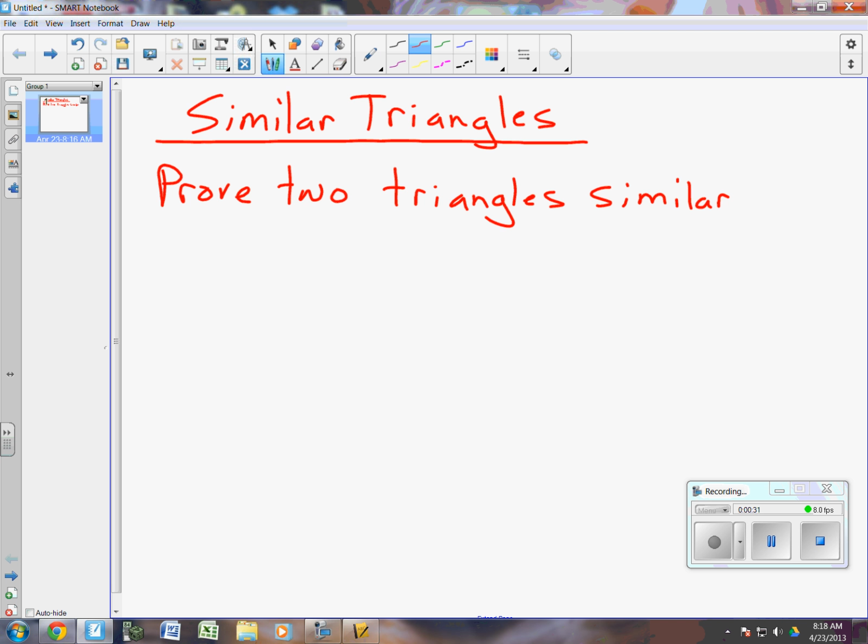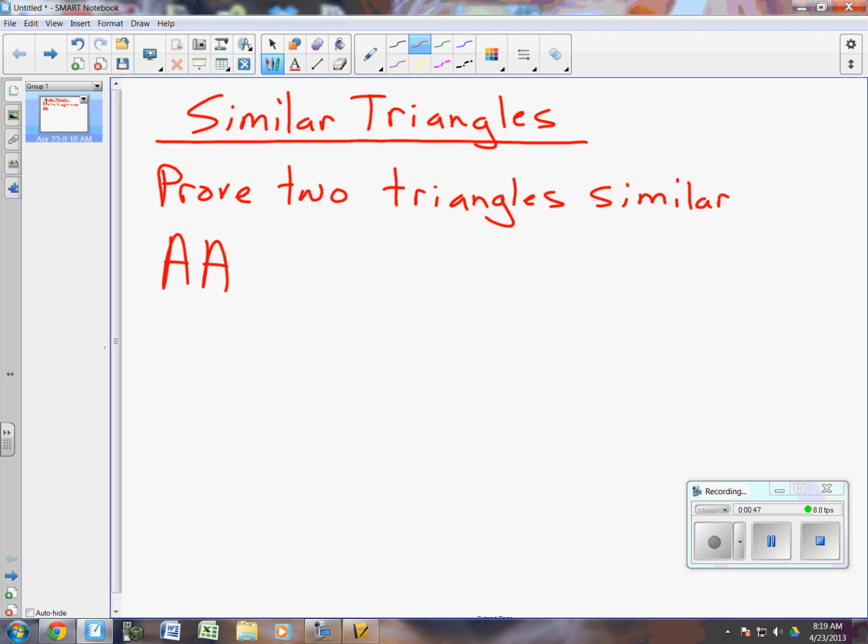What was one theorem that we learned that we can show that two triangles are similar? What'd you say? Angle, angle. We called it the AA similarity postulate. Do you remember that?